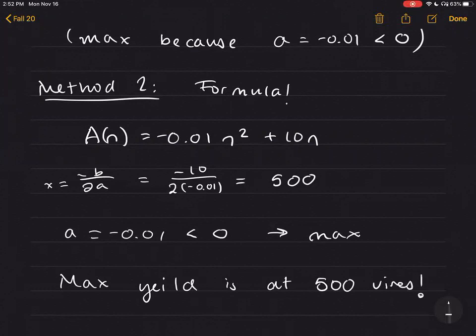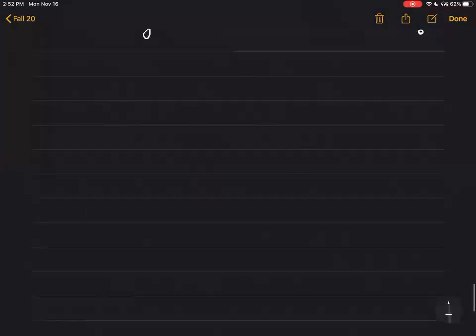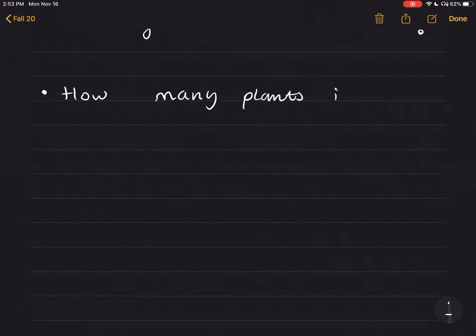Okay. So the formula, much faster, much easier. Completing the square is still good to know, though, to keep in the back of your mind. So I could ask a different question that does not have to do with maxes or mins. So maybe ask a question like, how many plants is too much?